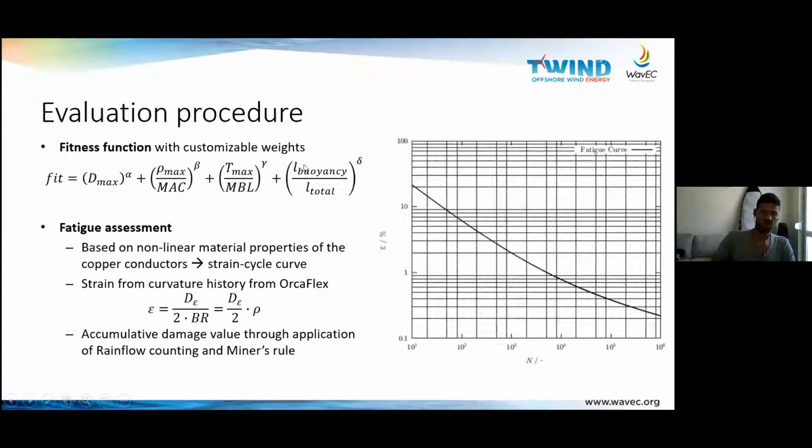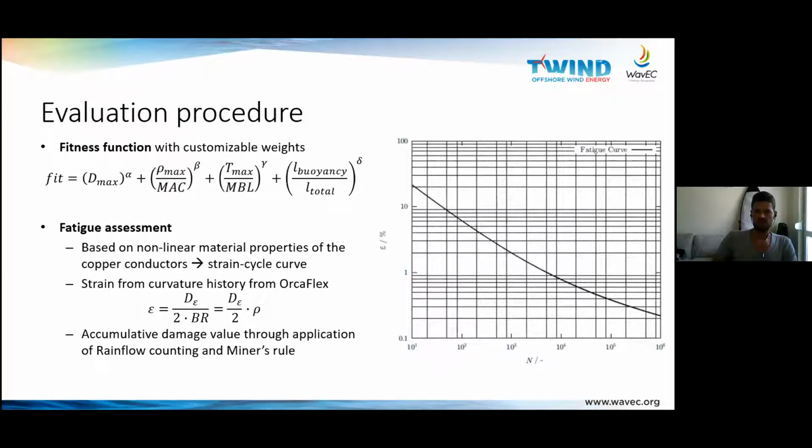Here we have the number of buoyancy elements. Here, this is the maximum tension. This is the maximum bending. And then we have the fatigue damage. And the fatigue damage is, out of all those 4 parameters, definitely the most complex one to determine. And I want to give you a quick impression on how we do that.